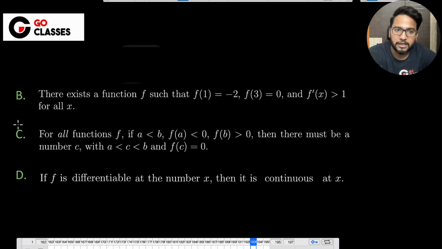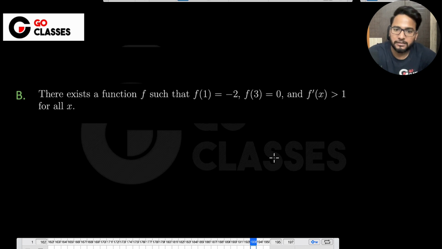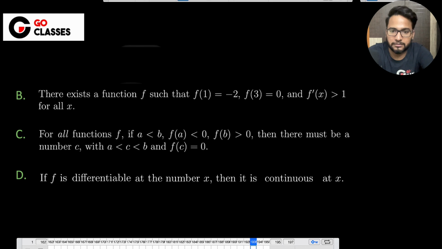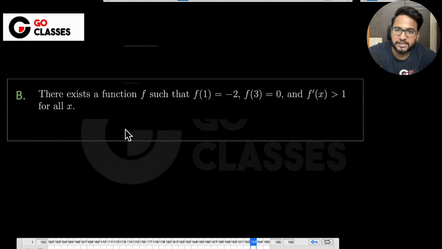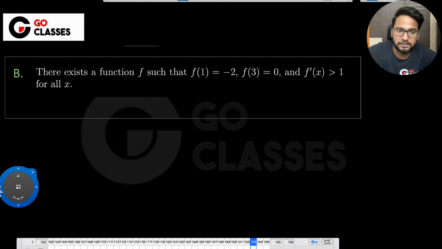Now what are they saying? They are saying there exists a function, let me copy it. So there exists a function f such that f(1) and f(3) are given, and then they are saying that f'(x) is greater than 1 for all x. Let's see this.